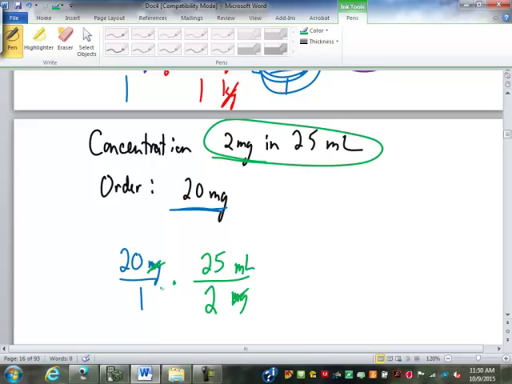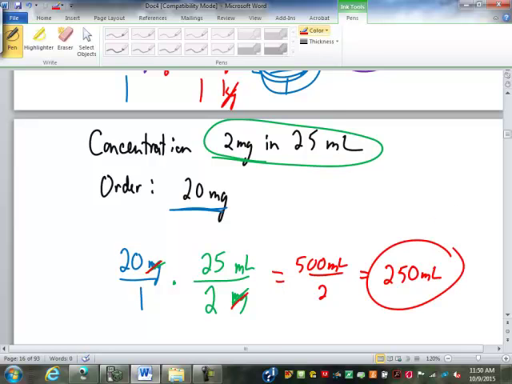Milliliters were on top, so the 25 goes on top with the milliliters. So the milligrams canceled out. 20 times 25 is 500 milliliters over 1 times 2 is 2. That divides out to make 250 milliliters.